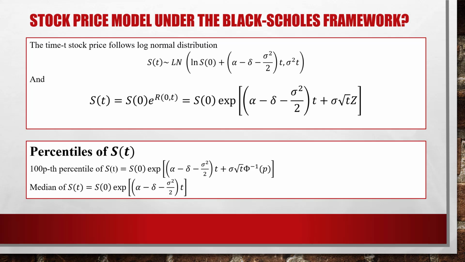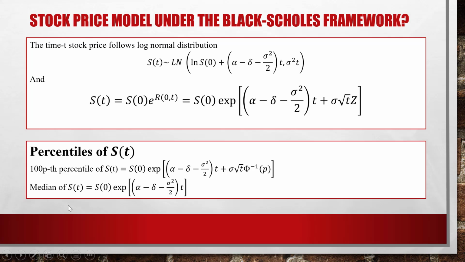So in order to find the 100p percentile of S of t, we first find the 100p percentile of Z and then plug into here. So we basically replace Z in this formula with phi inverse of p.